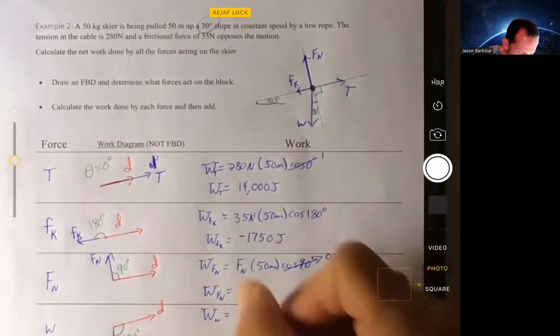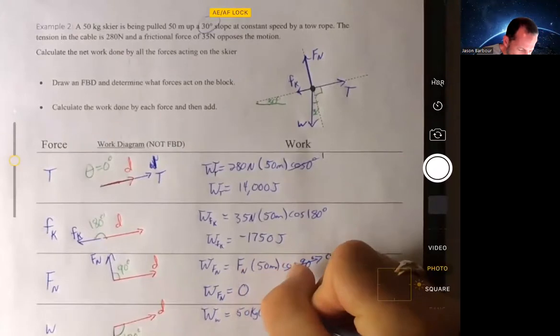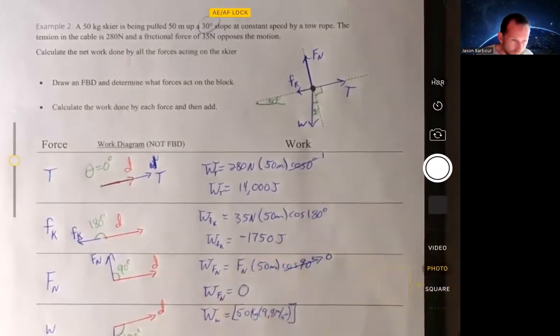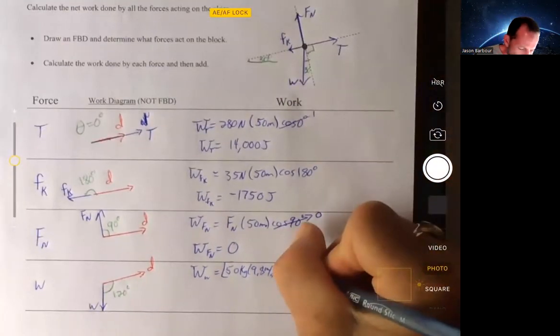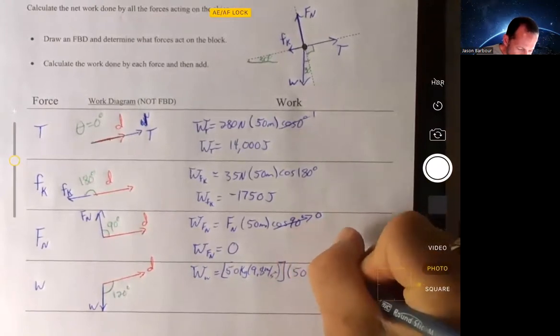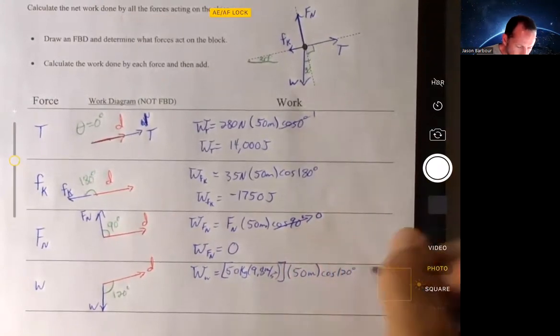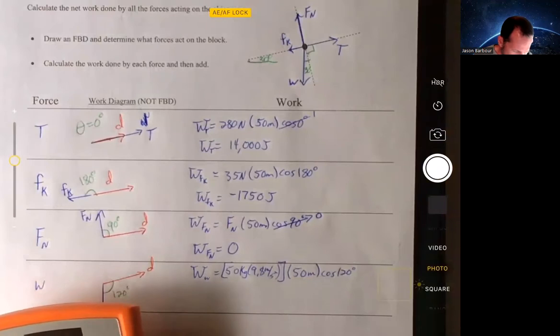So let's see, the weight is 50 kilograms times 9.8. Okay, that part is the weight. And then times 50 meters times the cosine of 120 degrees. So this is going to be a negative value. 50 times 9.8 times 50.